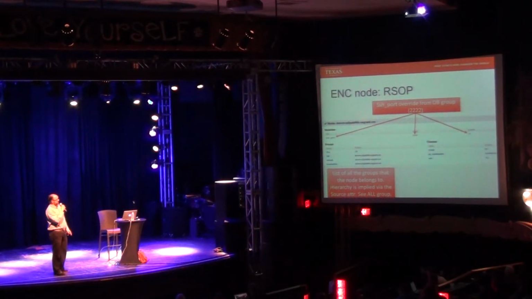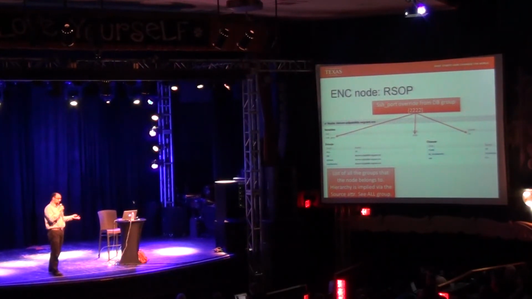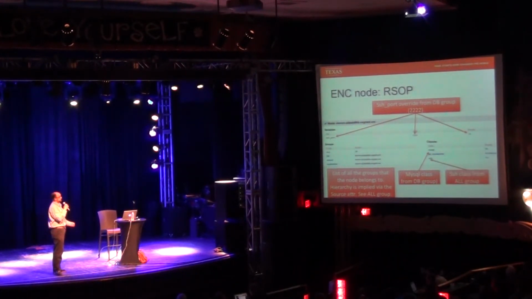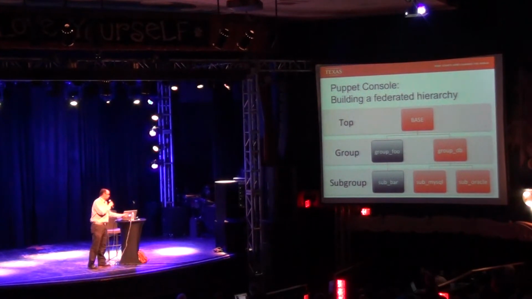The hierarchy is difficult to see in the Puppet console. It is implied here, but I'll show you later where we actually use a naming scheme to make this easier to understand and see better. So it'll basically alphabetize it. It's really small, but you can see the classes. You can see where it's gotten the MySQL class from the DB group and the SSH class from the all group. So it's a useful tool.